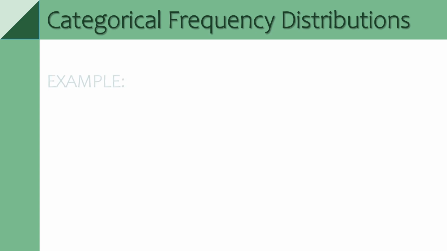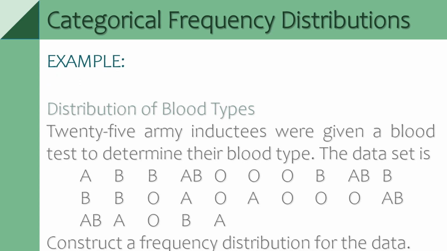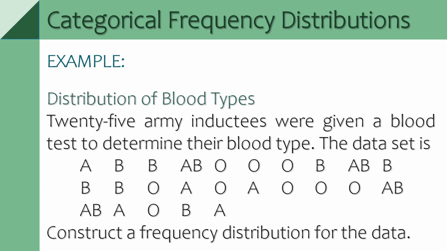Okay, so example tayo. Okay, so distribution of blood types. So 25 army inductees were given a blood test to determine their blood type.